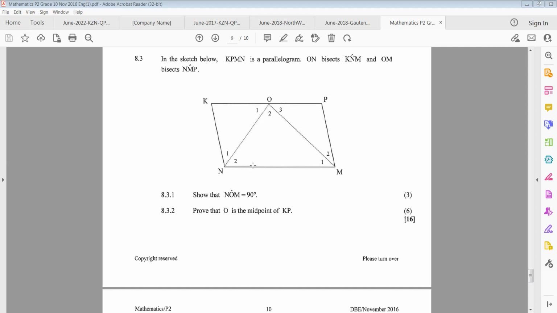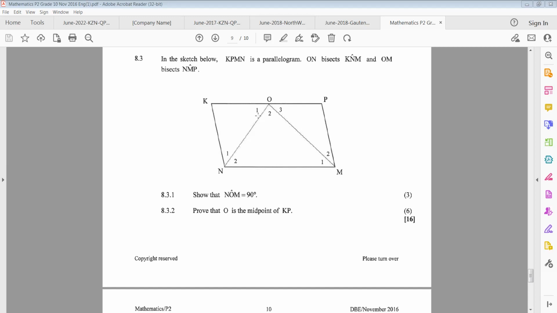First, we have already shown that O1 is equal to N2. Remember, we said O1 is X, N2 is also X. So this and that are the same. They are alternate angles. And we have been told that N1 is equal to N2. In other words, here is X, and this was given. Therefore, N1 is equal to O1.